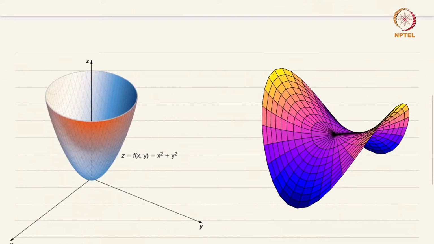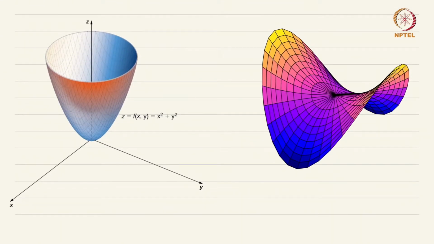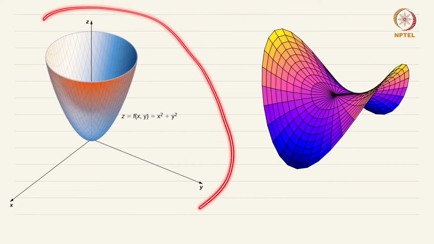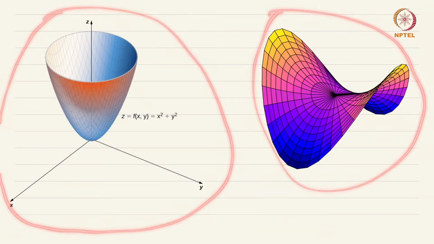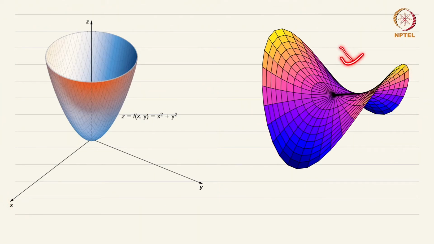Okay, now the next class of examples that we are going to see are graphs. Here are two graphs that are displayed for you. This is the graph of x squared plus y squared, and this is the graph of x squared minus y squared. This is known as the paraboloid, this is known as the hyperboloid. So these are figures that are very commonly studied. In fact, this paraboloid is used extensively in engineering, and this hyperboloid is used extensively in architecture.